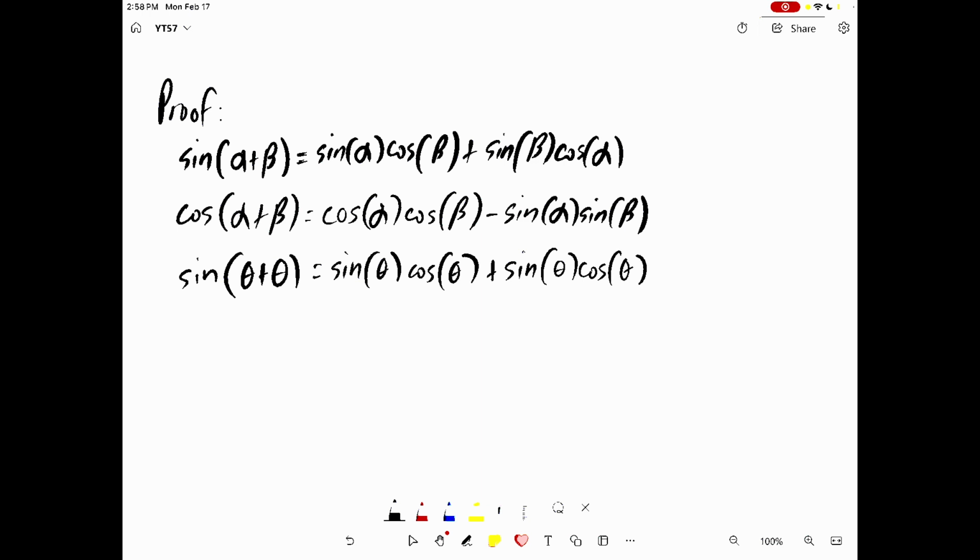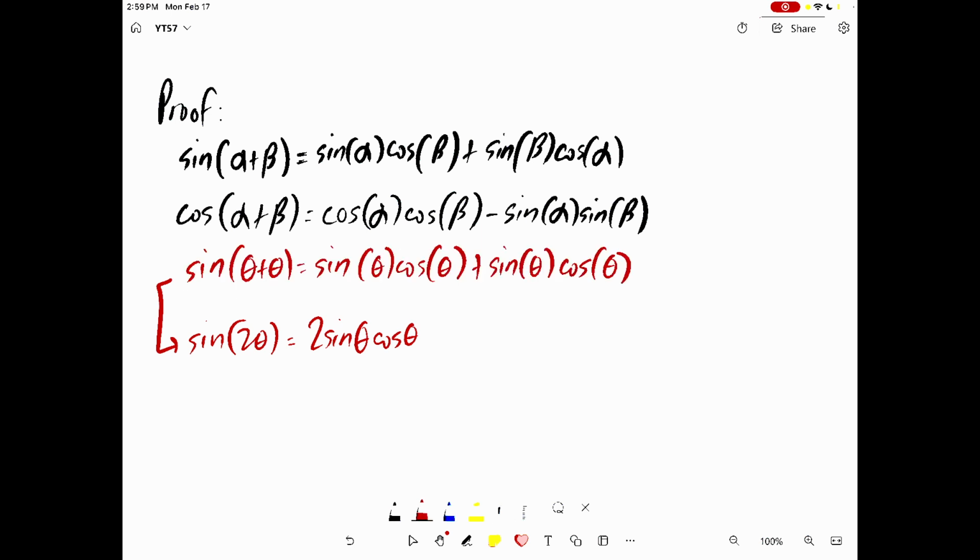Now, what you might notice is that they're exactly the same. So that leads right into sine of 2 theta is equal to 2 sine theta cosine theta. So, that's the proof. It's actually quite simple, and I don't think there's really much more to explain to it.